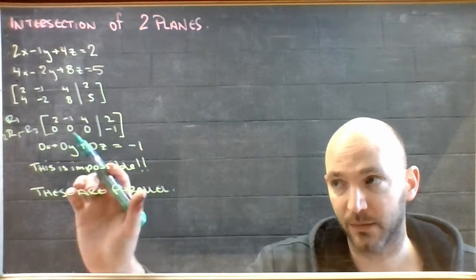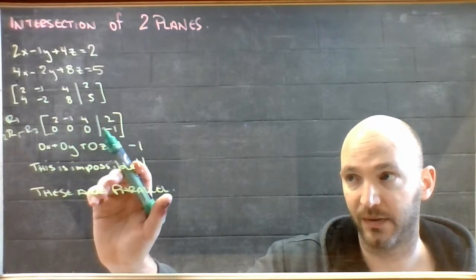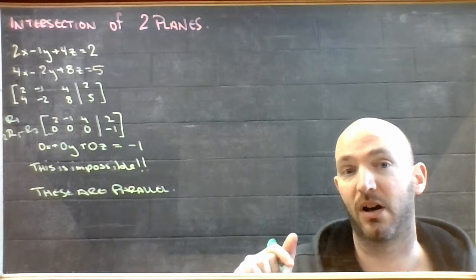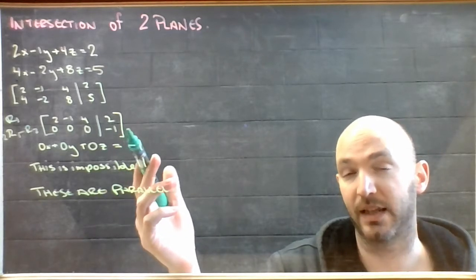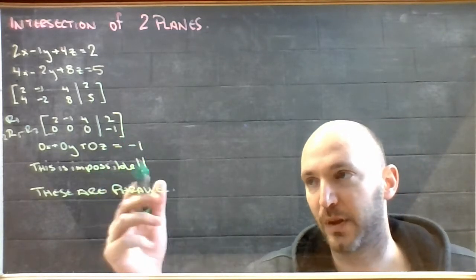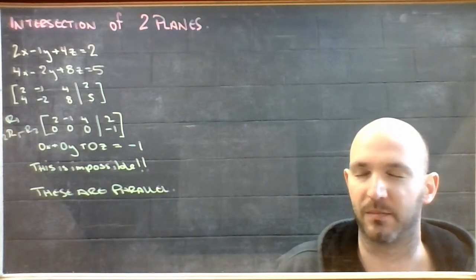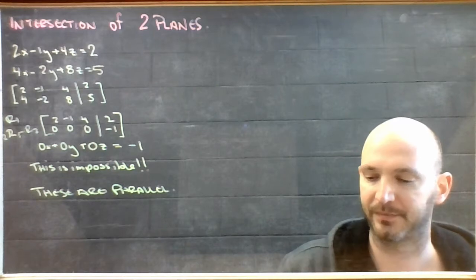So if you get a result like this, all zeros where the variables should be, and it's equal to a constant, like anything other than 0, you've generated an impossible equation. So those planes must be parallel.